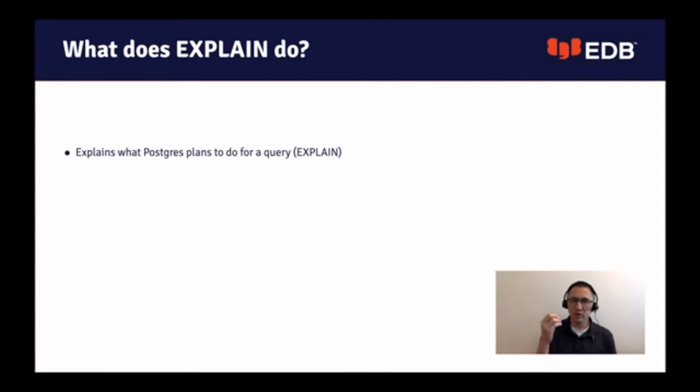So it gives you some visibility into what Postgres is doing under the hood at the query planner and query executor level. Now if you do explain analyze, it will tell you what Postgres did for the query. So explain just tells you what it plans to do. Explain analyze tells you what it did. We'll go into that a little bit more in the next few slides.